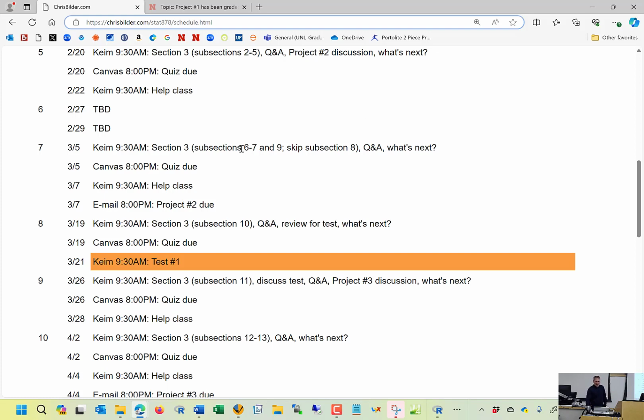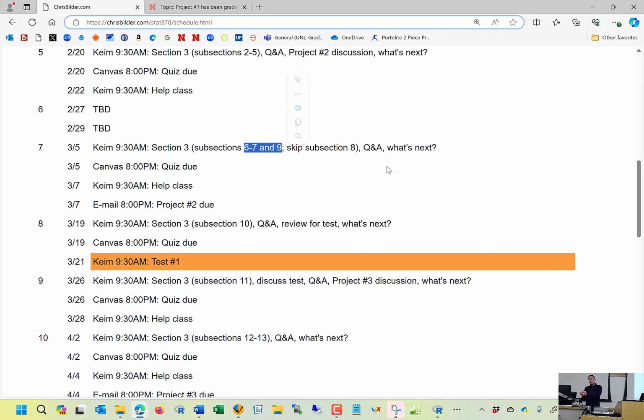One of the things that I am skipping is subsection 8 out of section 3. So if we look ahead now to week 7 and the material that you need to go over, subsection 8 talks about a way to estimate the parameters of an ARMA model, as does subsection 9.